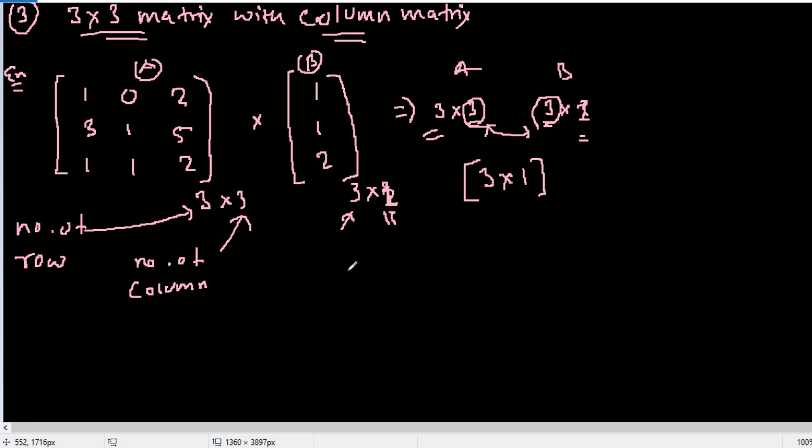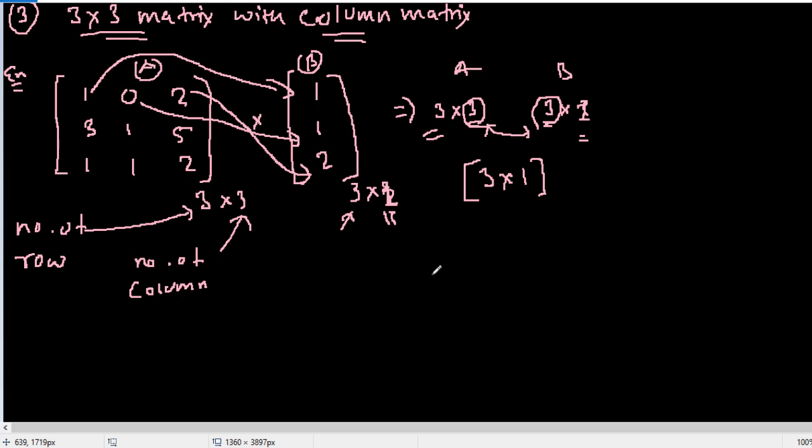So now proceed. For that we have to first multiply this one, then this one, and then this one, one by one to get the 3 cross 1 matrix.